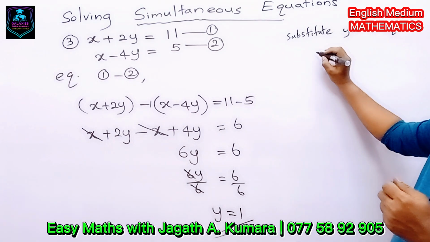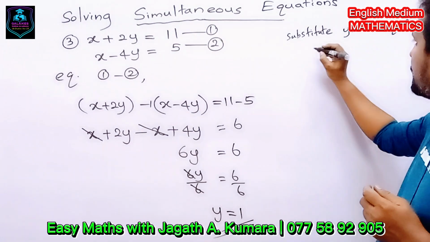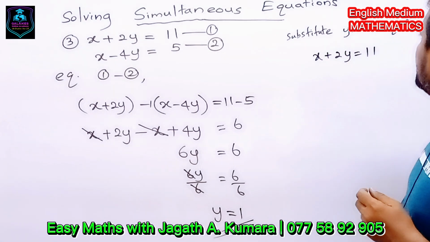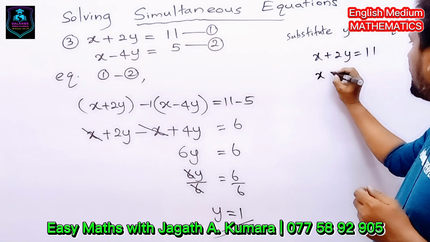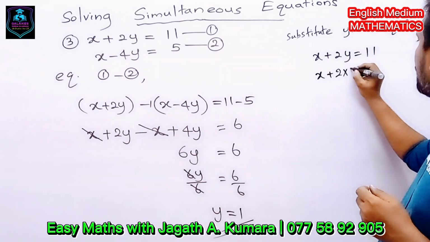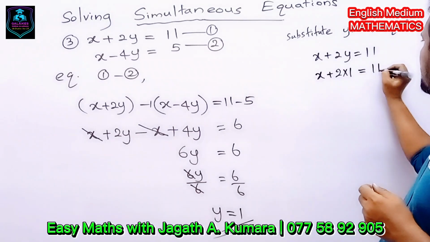The first equation is x plus 2y equal 11. X we want to find. 2y, 2 multiply y. y is 1. Equal 11.